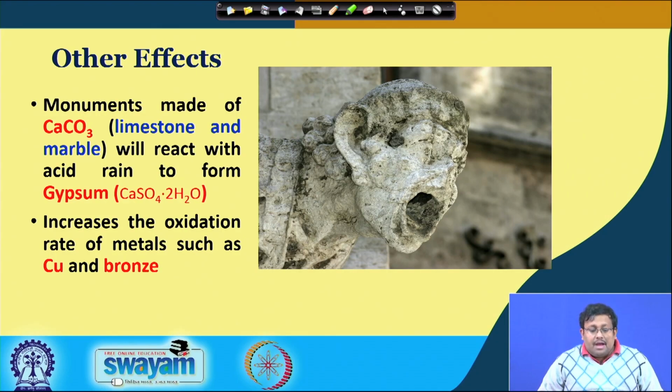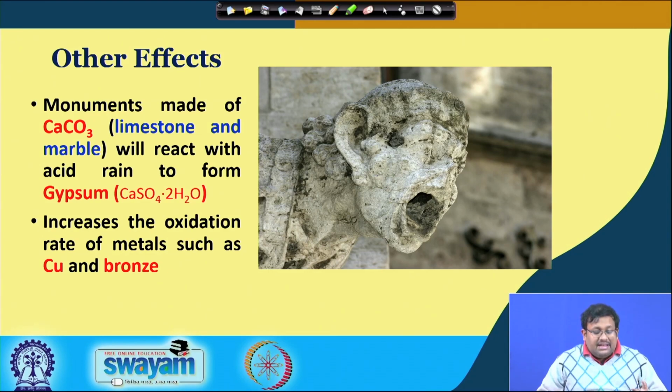Well, this acid rain produces rain which has caustic acids like sulfuric acid as well as nitric acid, and these caustic acids erode different monuments made of calcium carbonate, because calcium carbonate is basic. So the calcium carbonate, which is limestone and marble, gets damaged because it reacts with the acid and ultimately produces gypsum, which is calcium sulfate dihydrate, CaSO4·2H2O.